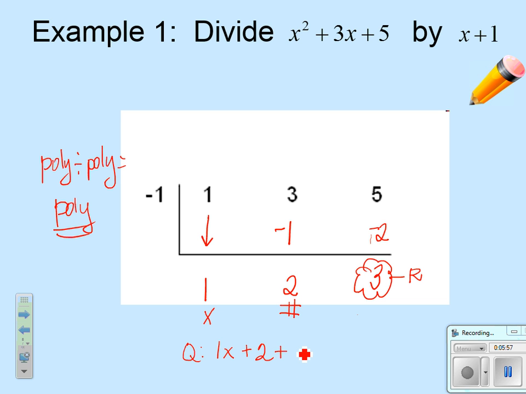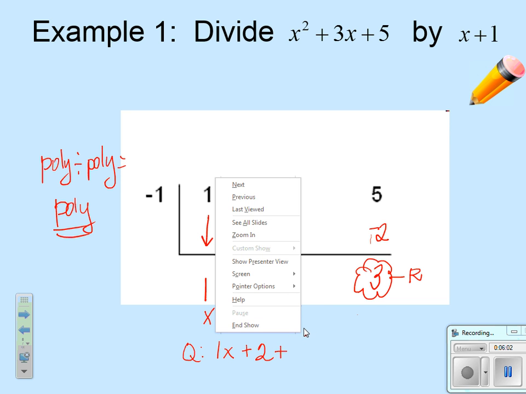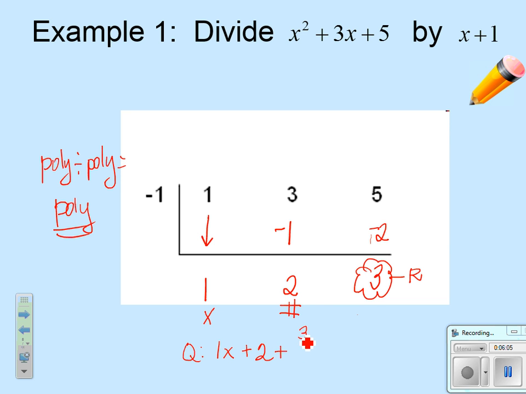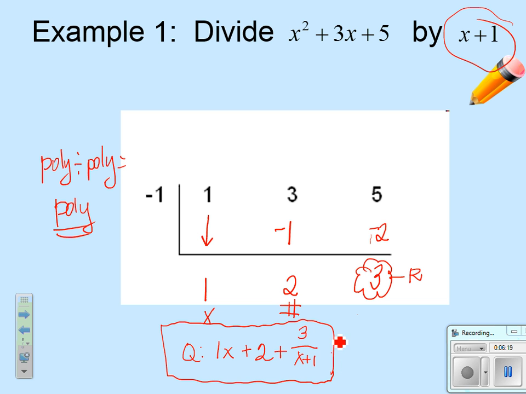Now remember, we don't write R3. We will now write 3 divided by our divisor, which is not the -1, but the x plus 1. And that will be the quotient or the answer to this division problem.